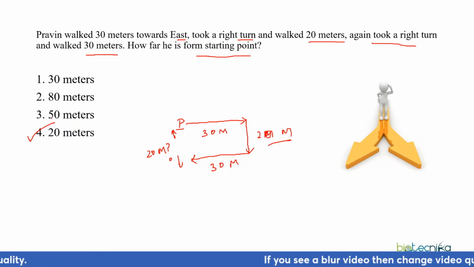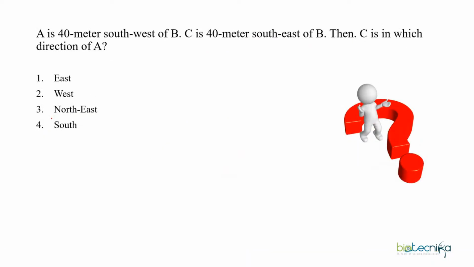Okay, so let's see the second question and let's try to solve it with the help of the diagram also. Our next question is: A is 40 meters southwest of B. Suppose this is B. So southwest, that means it will be in this direction.